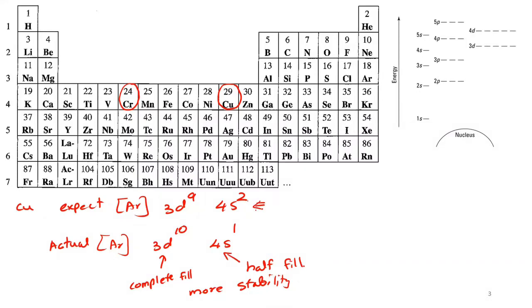So that is why we have these kinds of small deviations from the Aufbau principle. It is seeking stability. Completely filled orbitals or half-filled orbitals are going to be more stable. And the reason why chemical reactions occur is because of this stability. Chemical reactions occur seeking stability. So everything pretty much wants to be stable.